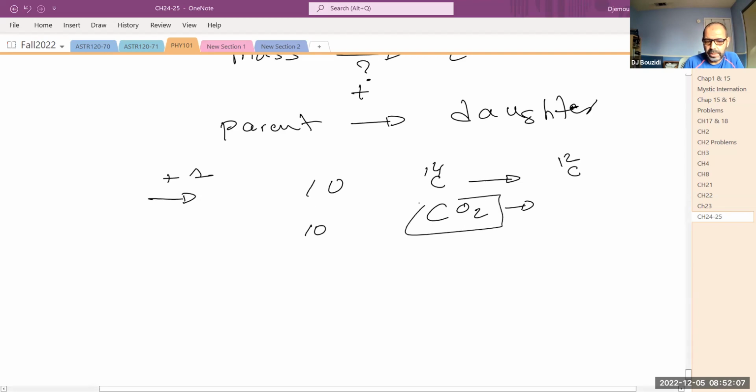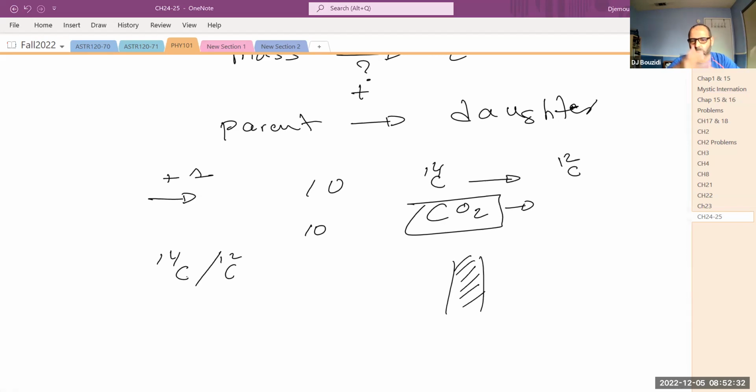So the plant takes carbon, goes through the processes, and makes the different components of it. Now, if I look at this living plant and find the ratio of carbon-14 to carbon-12, it's reflective of how much carbon-12 and carbon-14 are in the atmosphere. A living plant will have this ratio because it's taking in carbon all the time at that same rate and using it for its own growth.